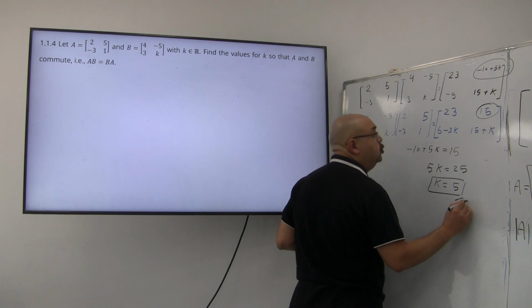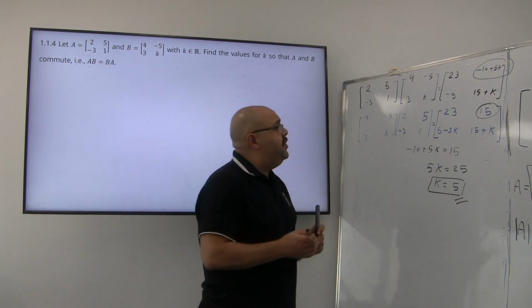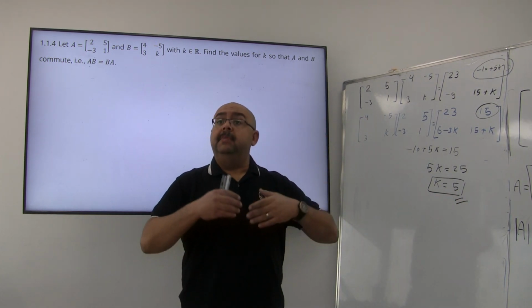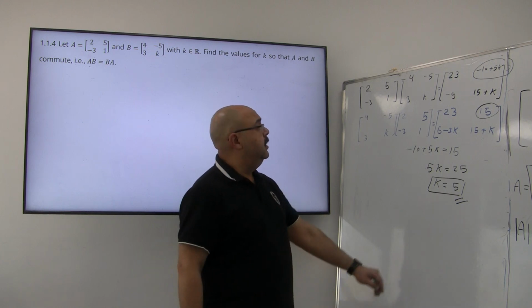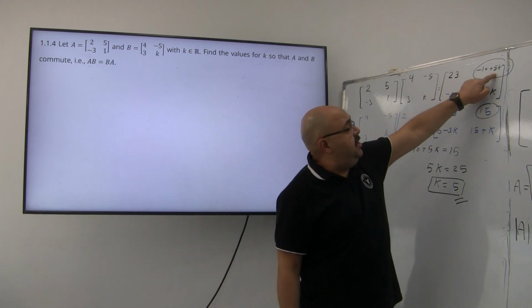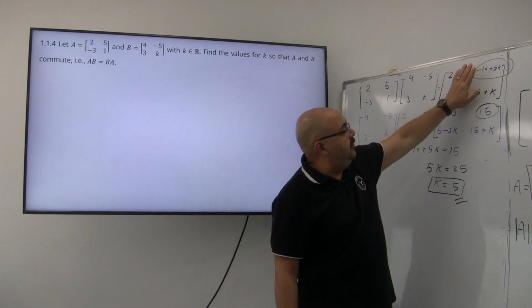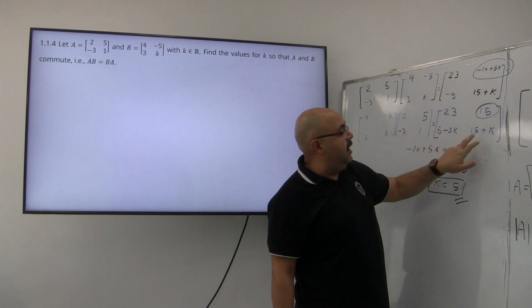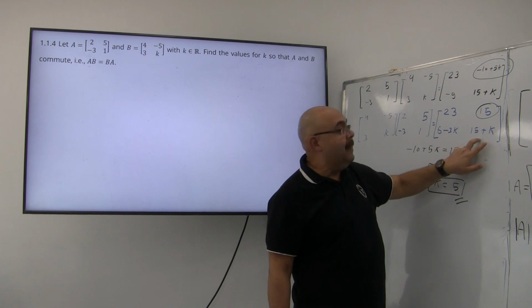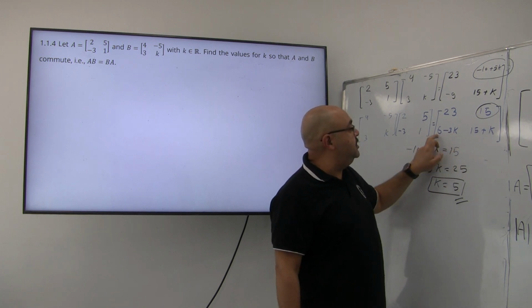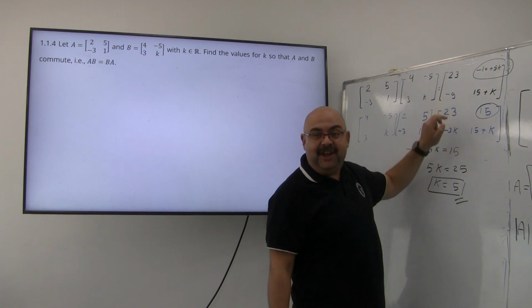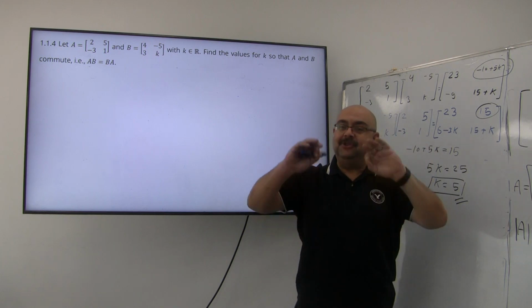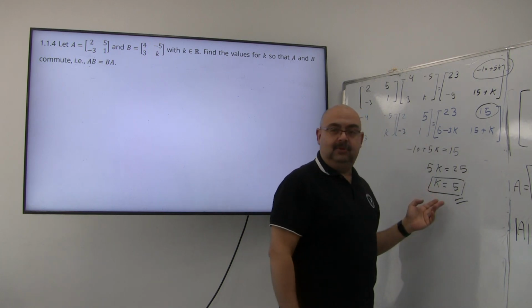If k equals 5, will everything else be the same? Let's try. 6 minus 15 is -9, 15 matches, and 20 matches 20. We are in perfect shape, so the good choice is k equal to 5.